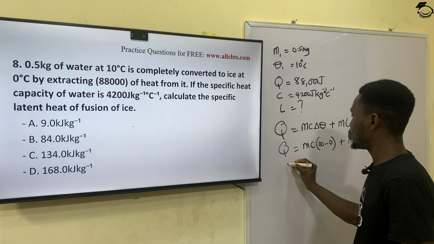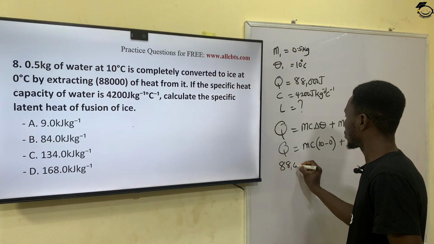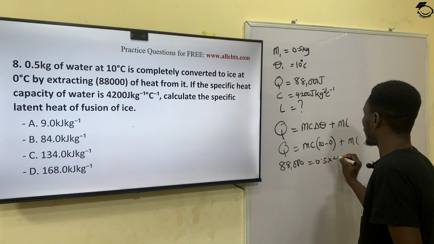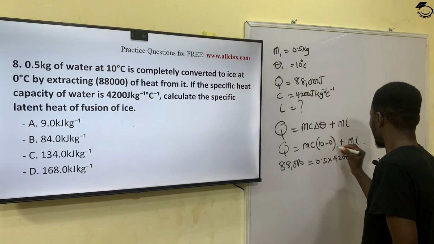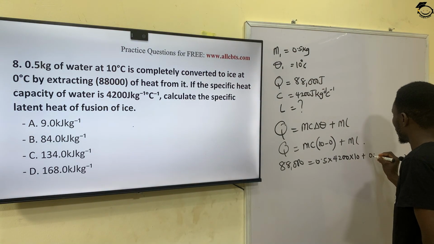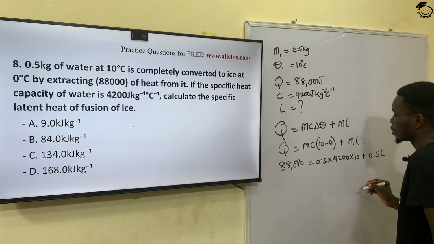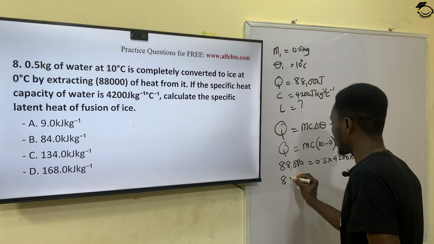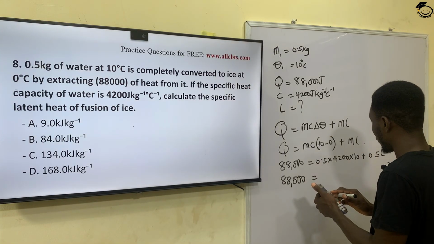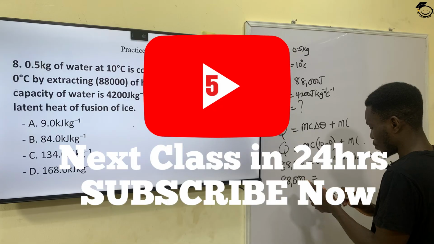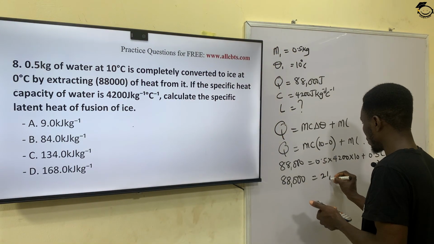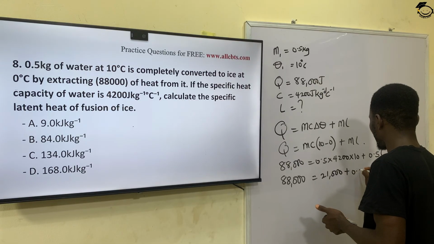So all I have to do is input my values. I have 88,000 is equal to the mass, 0.5, times 4,200 times 10 minus 0, plus 0.5L. So 88,000 is equal to 0.5 times 4,200, which is 21,000, plus 0.5L.